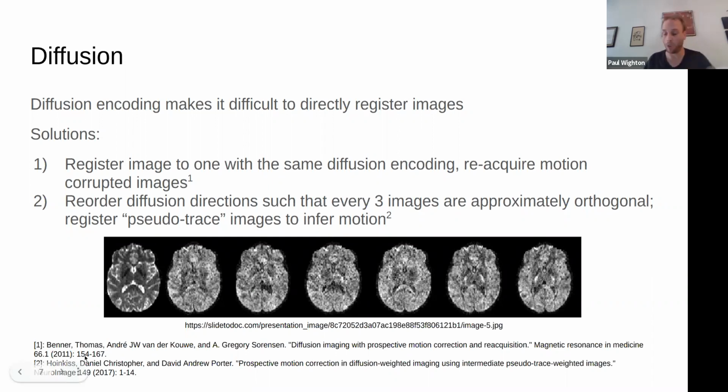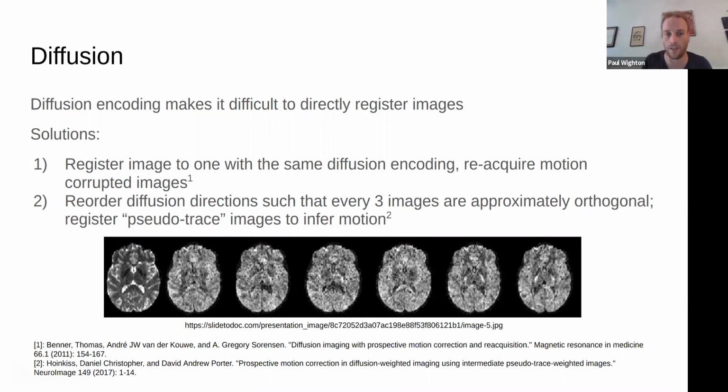One is, if you're doing multi-shell diffusion, you can register the direction to that of a previous direction and infer motion that way. But what I think is really interesting is this second paper here. They reorder the diffusion directions of their sequence such that any 3 consecutive directions are approximately orthogonal.